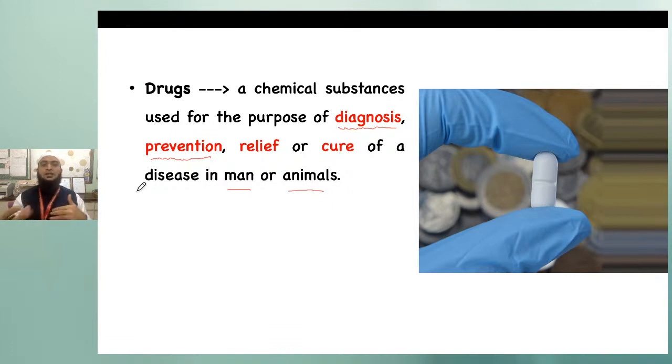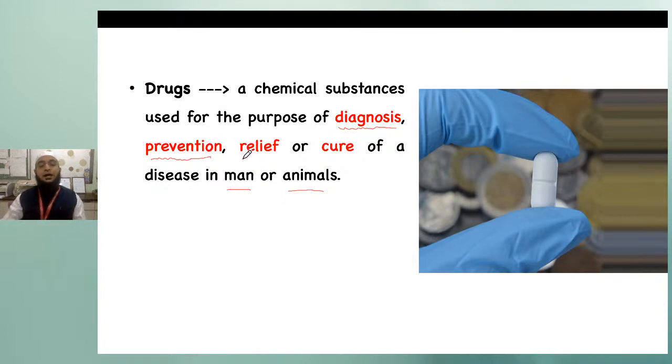Now what is this? This treatment that you take before you suffer from the disease is called preventive treatment. You have taken this medicine for the prevention of disease in the future. So one purpose of the drug is the prevention of disease in the future, right?